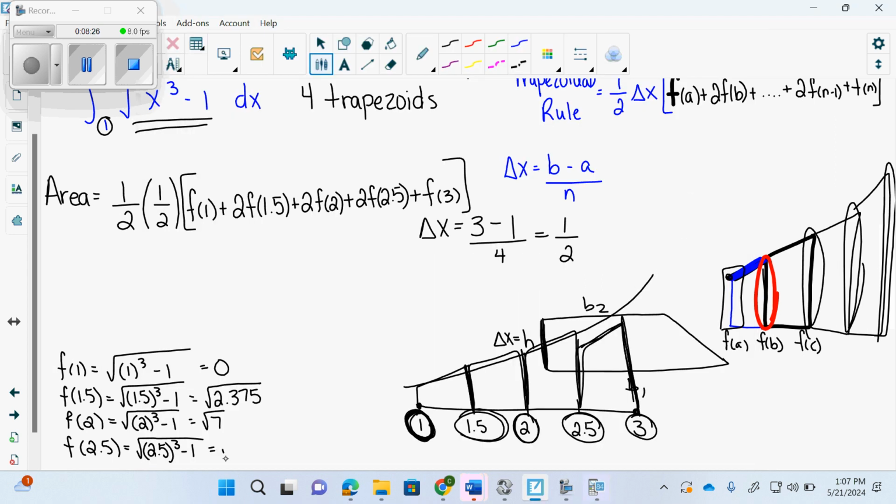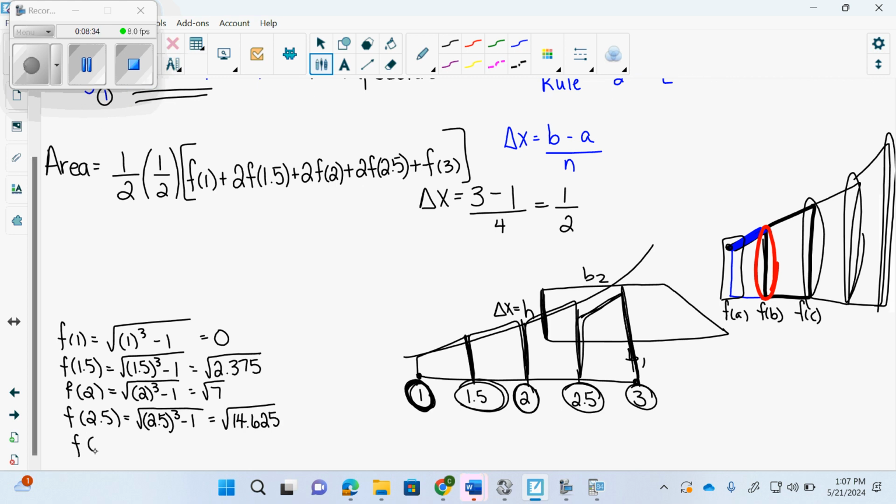So it's the square root of 14.625. And then f of 3 is the square root of 3 cubed minus 1, which is the square root of 26. Right? Do we agree? Okay, now we can fill them into our formula.